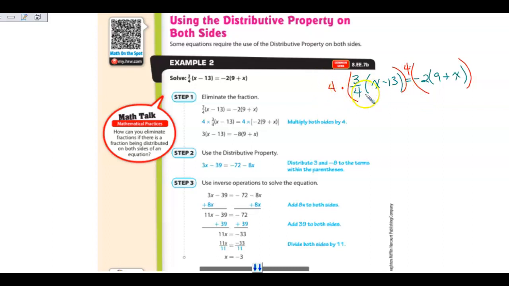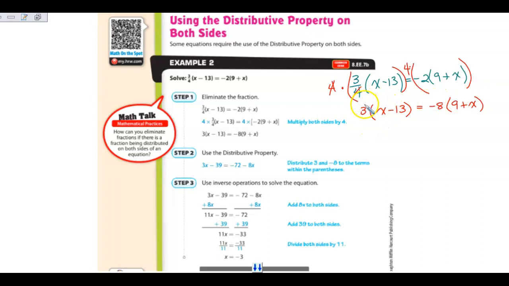So when I do that here, these cancel out, and all I have left is my 3, and then I can bring down the rest of the information on that side of the equal sign. And then I have 4 times -2, which is -8, and then bring down everything in the parentheses as well. Now that I've gotten rid of this fraction, it's going to make just doing distributive property so much easier.